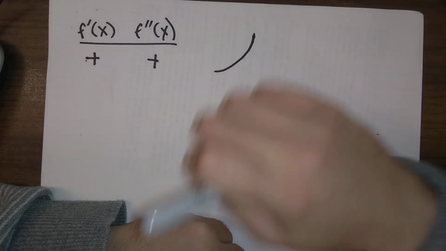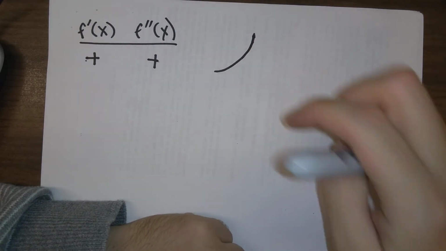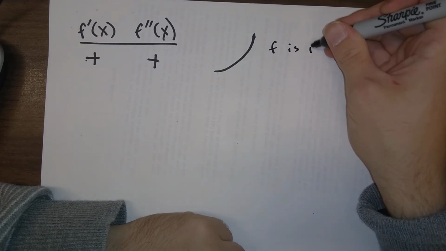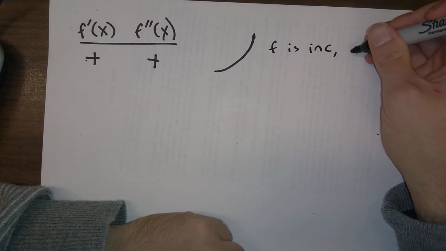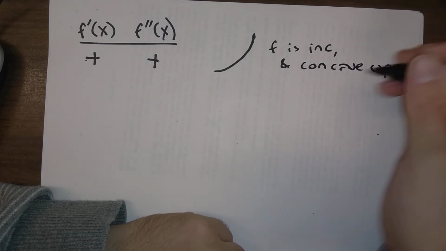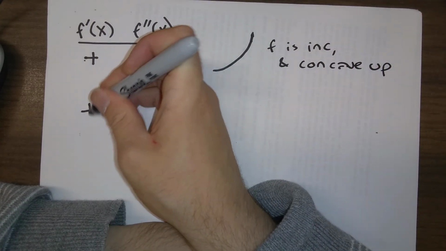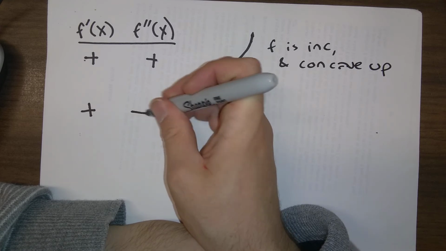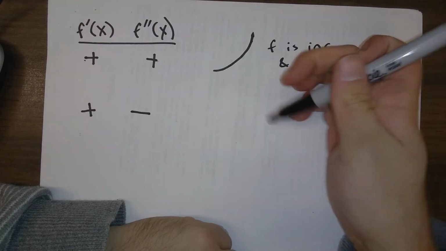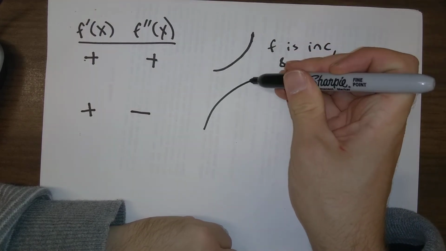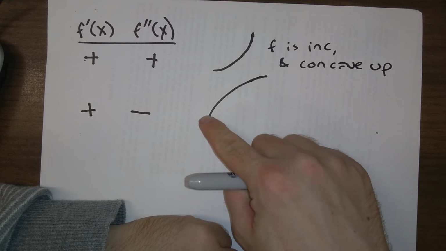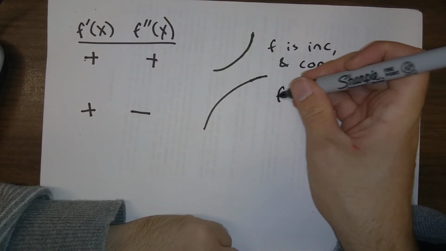So that's how we have to draw a function that's increasing and concave up. Let's do another example. If f prime is positive but f double prime is negative, it's increasing but concave down. So something like this will have to do the trick. It's concave down, but it is still increasing.